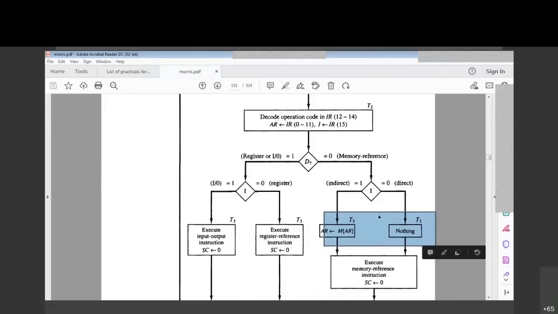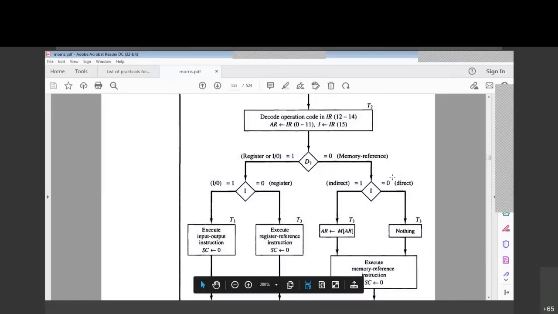If it is a direct addressing mode, in that case we don't do anything at time T3. But if it is an indirect addressing mode at T3, what we do? We transfer our effective address to AR.